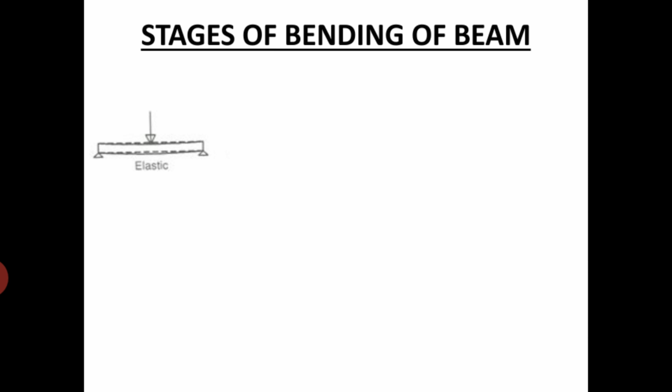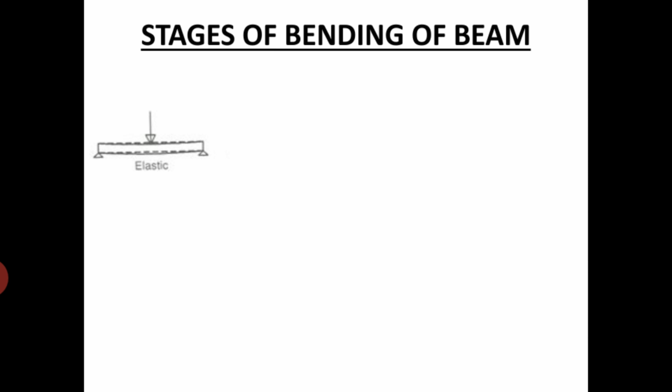Hence bending is nothing but a state of stress. Because of the load, stresses are induced in the beam, hence the beam starts bending, and those stress variations we can draw.